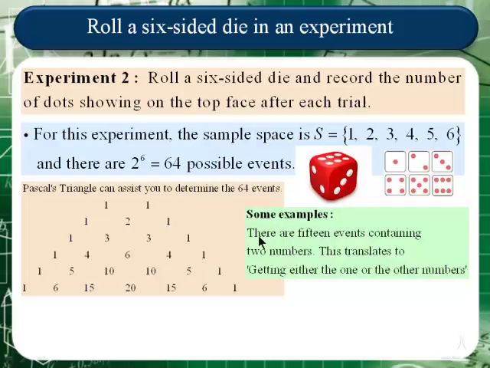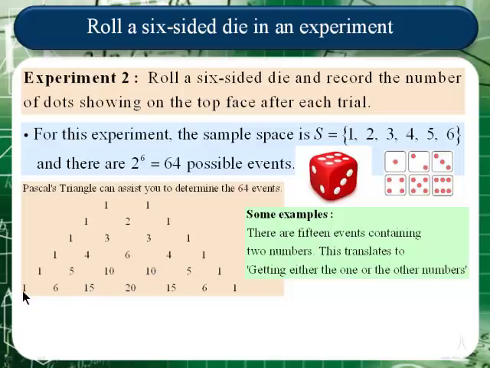Some examples. We can see in this there are 15 events containing two numbers. If I focus on this particular one, we can translate it to a verbal description: getting either the one or the other number, so one of two numbers.